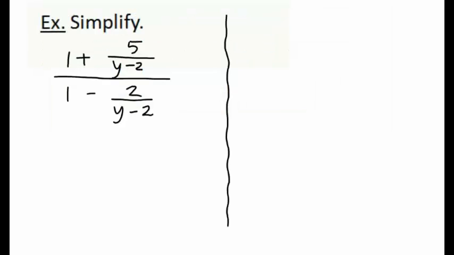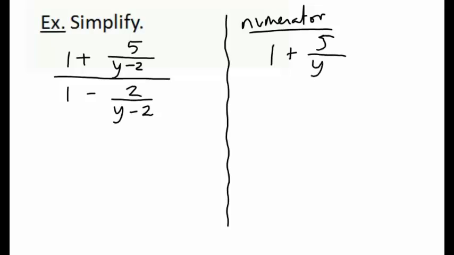So let's take a look at our first example. What I'm going to do is rewrite our numerator over on the side. So our numerator is 1 plus 5 over y minus 2. And I'm going to focus just on simplifying the numerator to one single fraction.